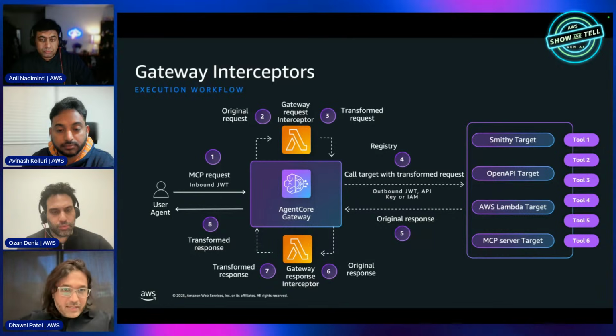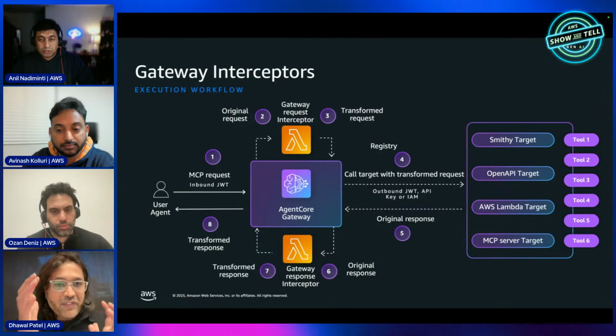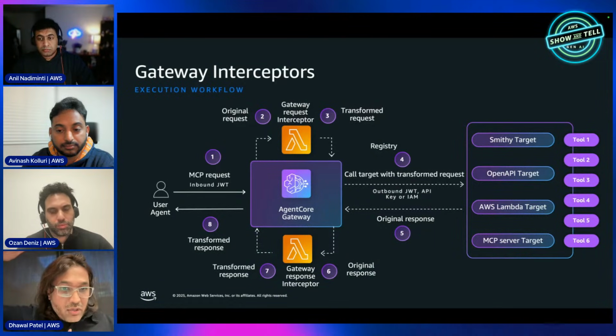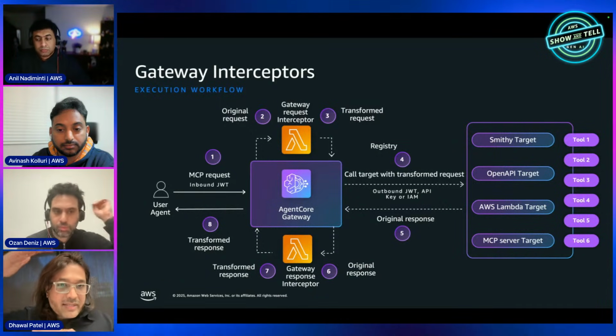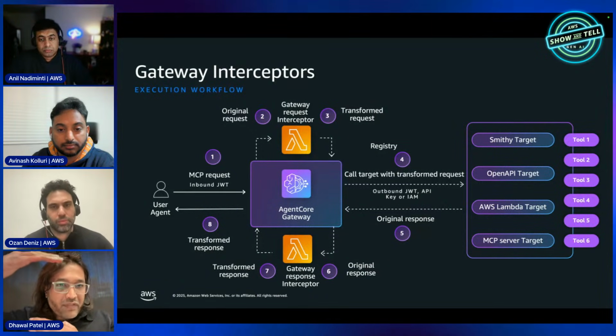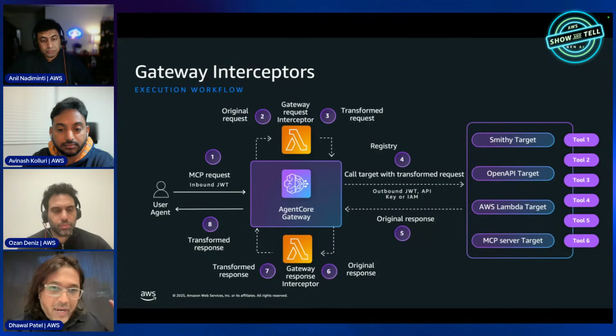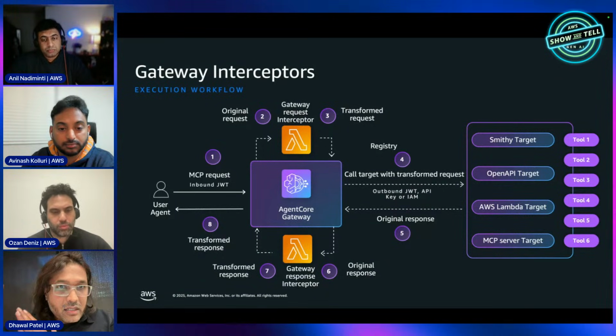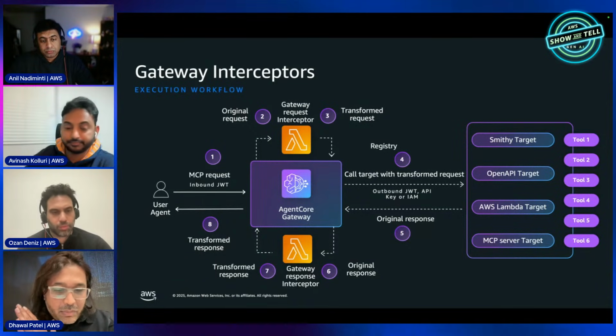So all of these targets, when you unify them, you now have hundreds and thousands of tools sitting in that one big unified gateway. And on the other end, you have users and agents accessing this single unified gateway in the form of MCP.